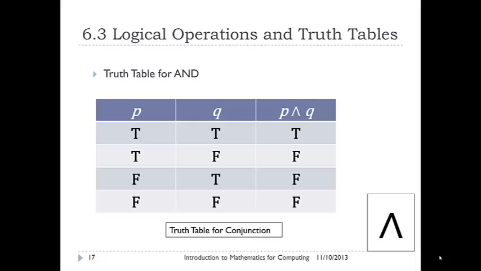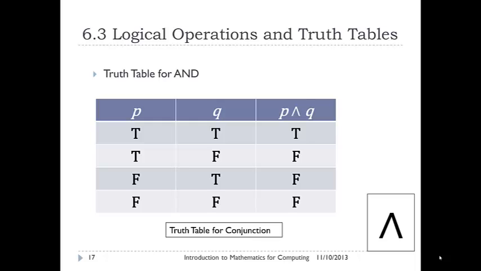Let's have a look at the actual truth table associated with the logical operator AND. In the table on the very first row we've got P, Q, and the final column is going to represent the result of combining P and Q together using the AND operator. Each of the subsequent rows specifies the combinations that can be constructed for P and Q using the different truth values.